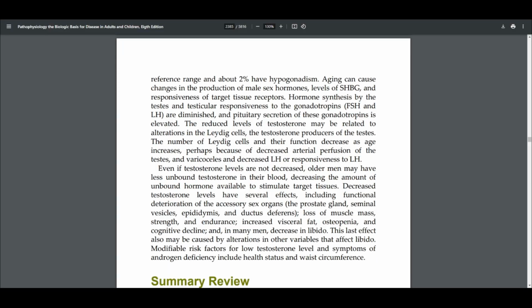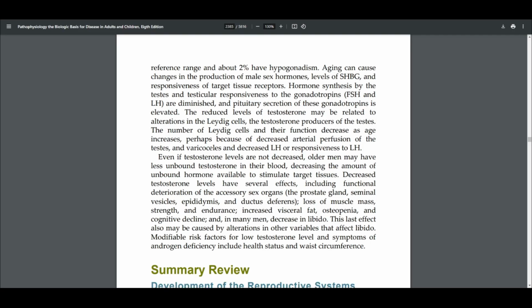Aging can cause changes in the production of male sex hormones, levels of SHBG, and responsiveness of target tissue receptors. Hormone synthesis by the testes and testicular responsiveness to the gonadotropins are diminished, and the pituitary secretion of these gonadotropins is elevated.